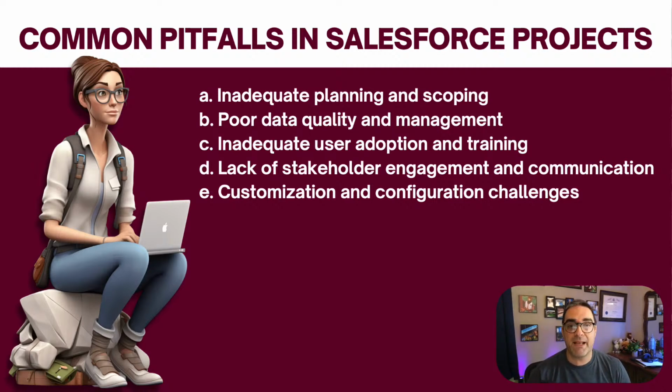Well, inadequate planning and scoping basically means that someone assumed that the project is going to be smaller than it actually is. Someone assumed that the requirements are very clear and straightforward, when in the end they are anything but clear and straightforward.